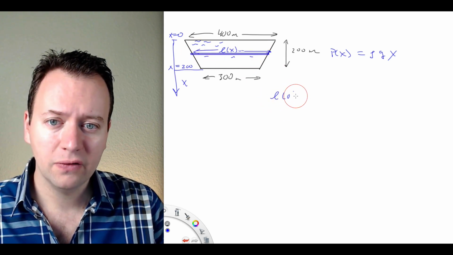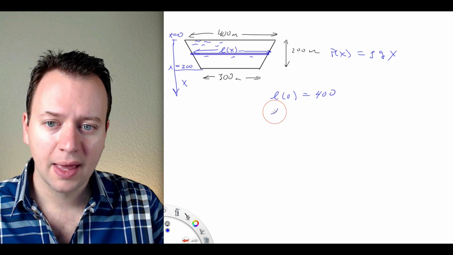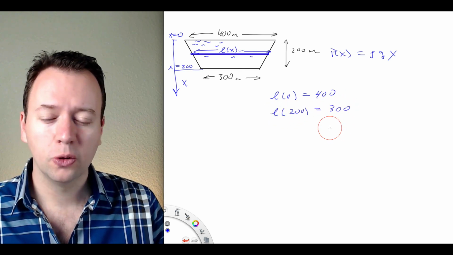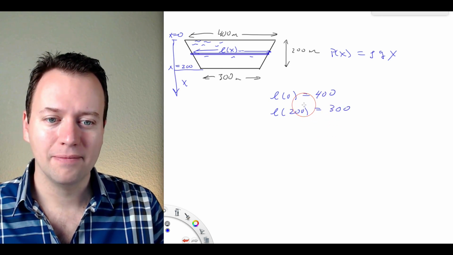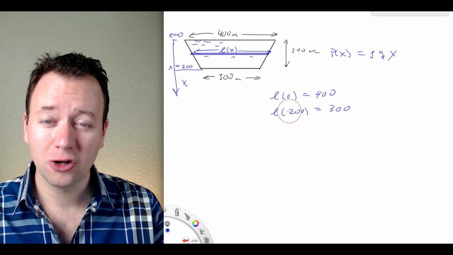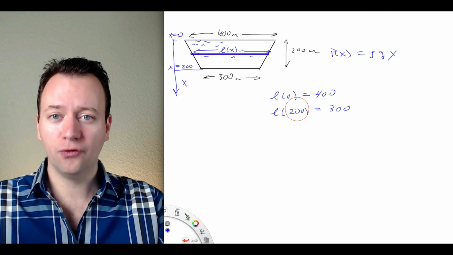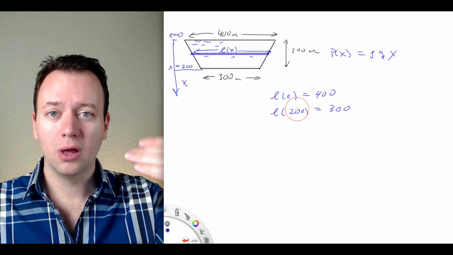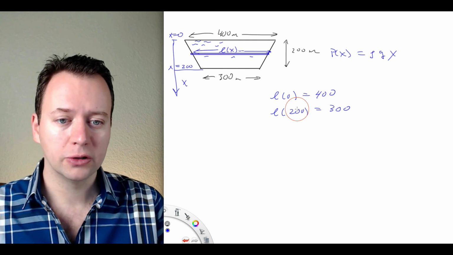So we know that L of 0 has to be 400 and L of 200 has to equal 300. We're basically connecting a linear function that has a total length across of 400 at the top and 300 at the bottom, where the depth is 200 meters.